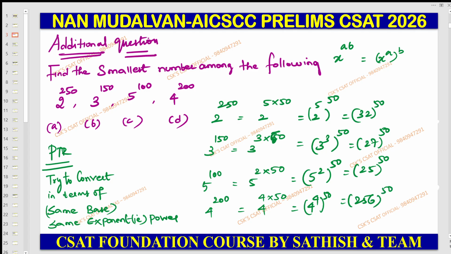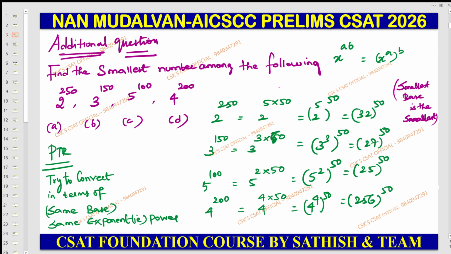What I mentioned is that either you convert in terms of the same base, or if that is not possible, at least try to convert in terms of the same exponent, that is the power. Here we were able to convert in terms of the same power. After that, the smallest base is the smallest and the largest base is the largest.